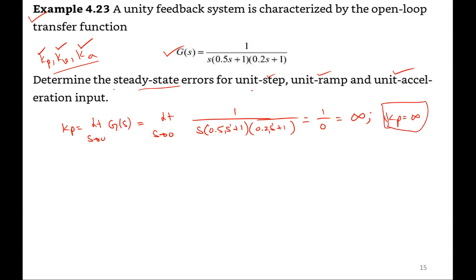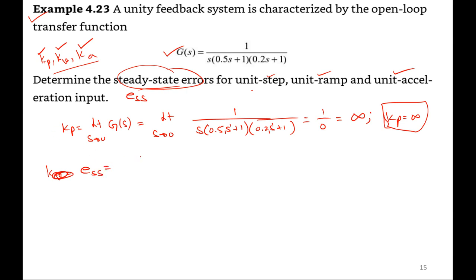Then next we'll find out the velocity error constant Kv. But they have asked to determine the steady state errors also, not only the error constants, so we have to find the steady state error ESS too.